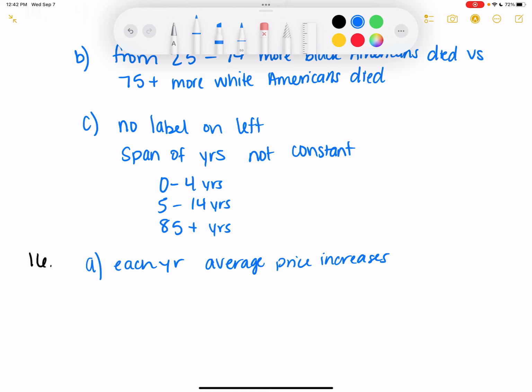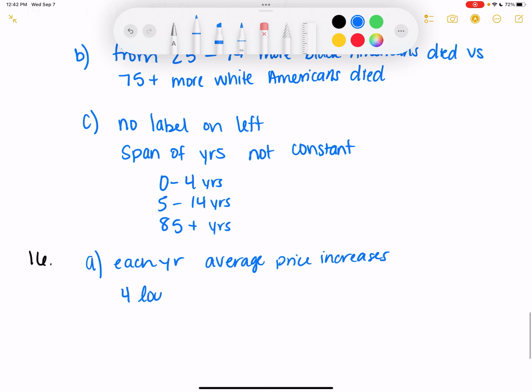Yep. 4 low outliers in 2002. Do any other ones have outliers? 2004, so we have 1 high outlier in 2004.